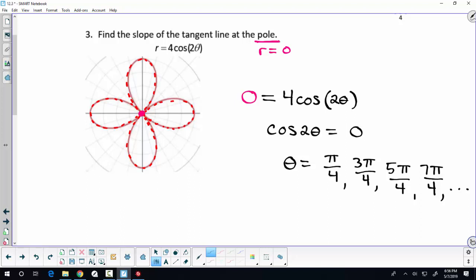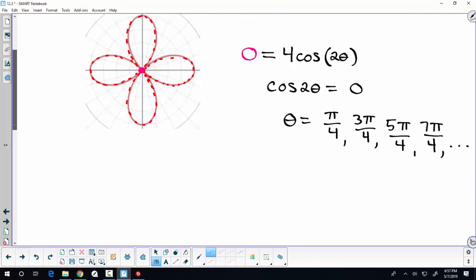So here's the thing. We know that the curve crosses the pole at those angle measures, but it says find the slope of the tangent line at the pole. There's more than one tangent line. So if we're looking at theta equals pi over 4, what is that actually describing?